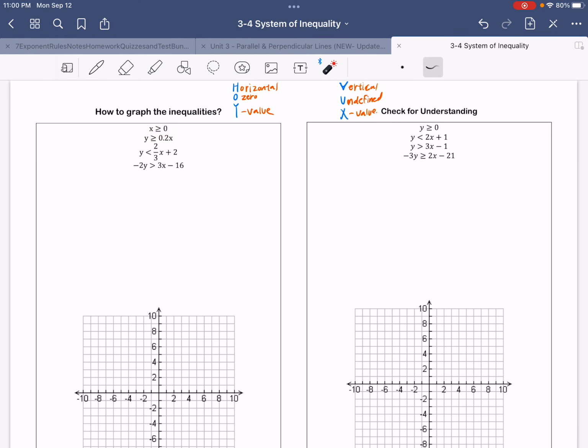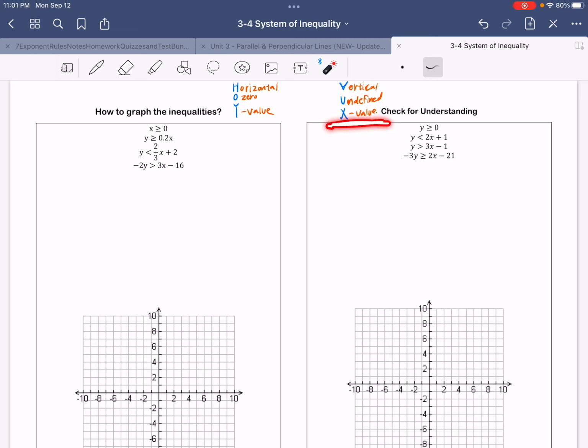X is, and you don't see any value here. So whenever you see just X or Y by itself, without a Y value or X value, you're gonna use HOY or VUX. So let's look at X. According to HOY and VUX, which one has X? Is it HOY or VUX? It's VUX, right?